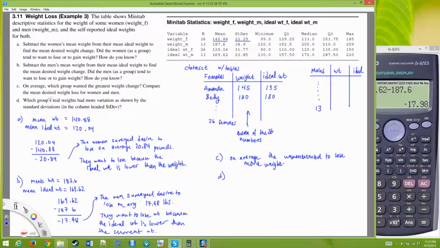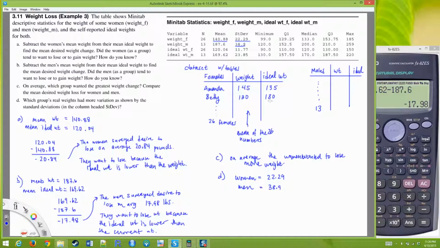And lastly, which group's real weights had more variation as shown by the standard deviations? The standard deviations give a measure of spread, and we can see that the standard deviation for the women was 22.29, and for the men was 38.9.